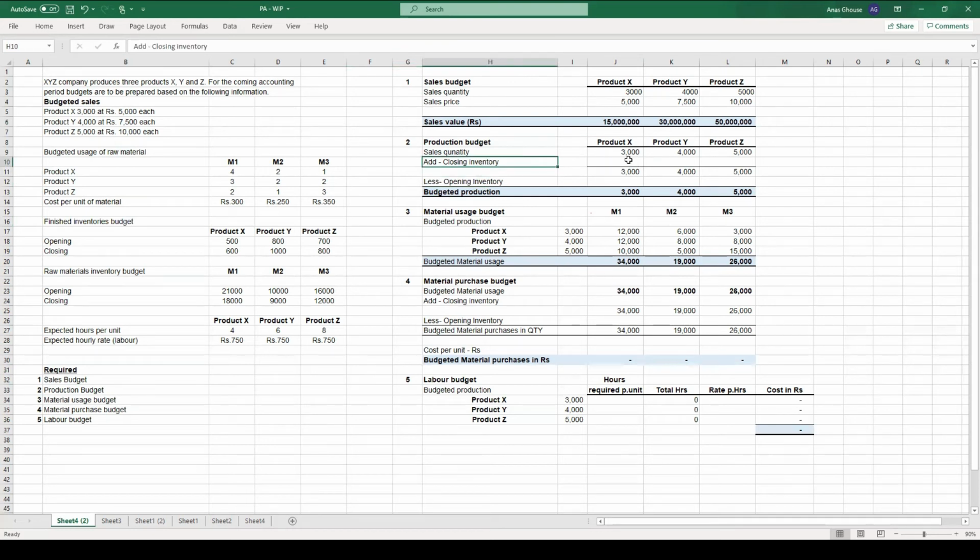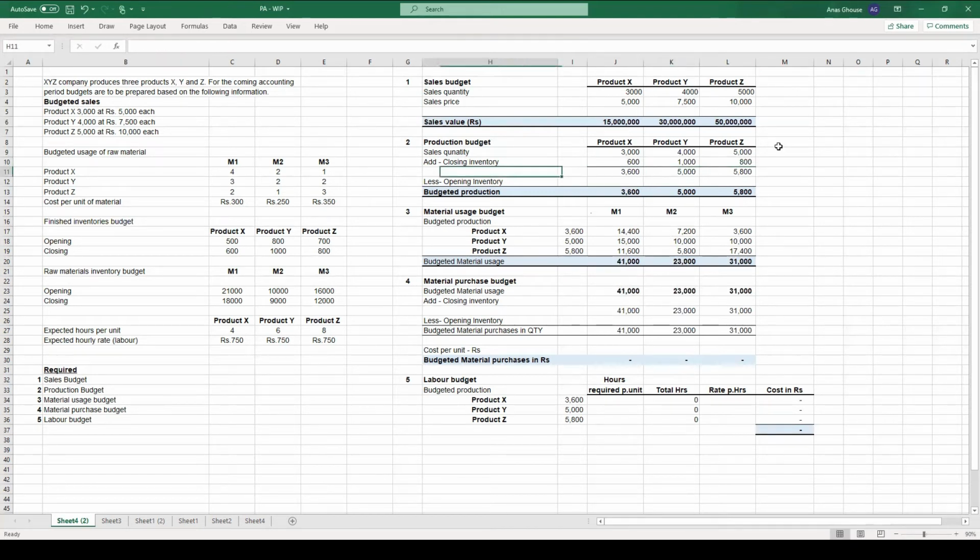At the end of the period, you need to have adequate stocks to be sold in future. So closing inventories will be 600 for product X, 1,000 for product Y, and 800 for Z.